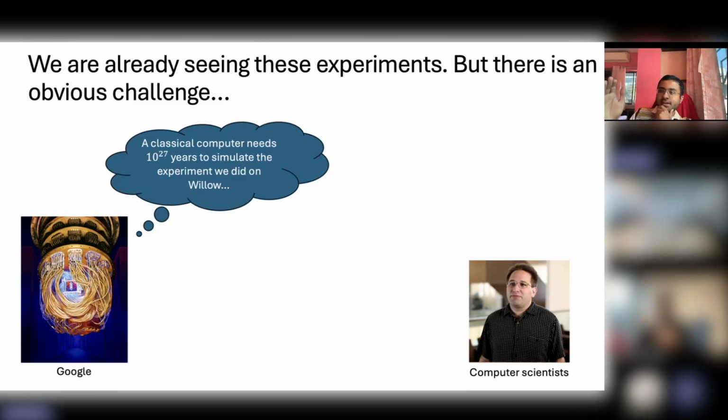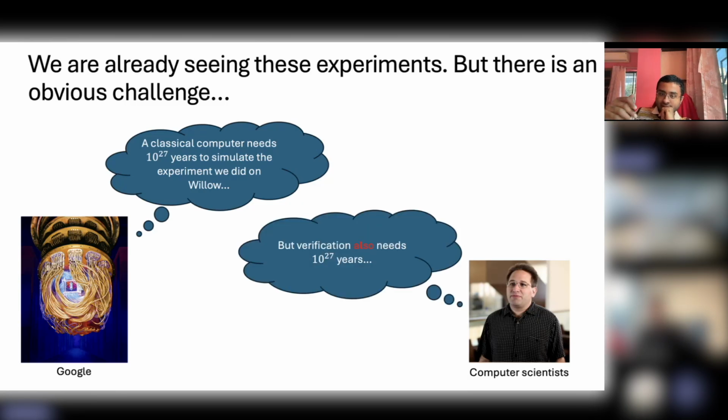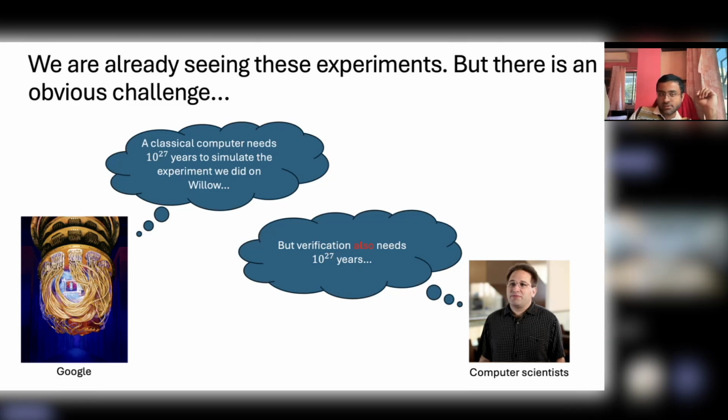But there's a retort that Scott had in his blog, for instance. And the retort is, yeah, maybe classically performing the same task takes 10 to the 27 years. But verifying that the output of the quantum computation was correct in the first place, that also takes 10 to the 27 years. So verification is as bad as full classical simulation.